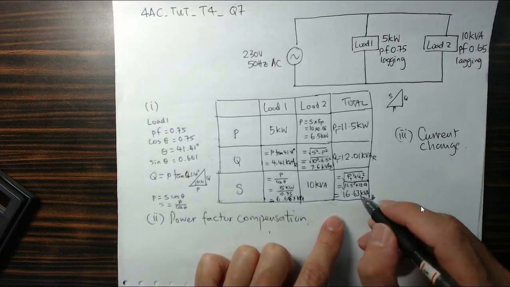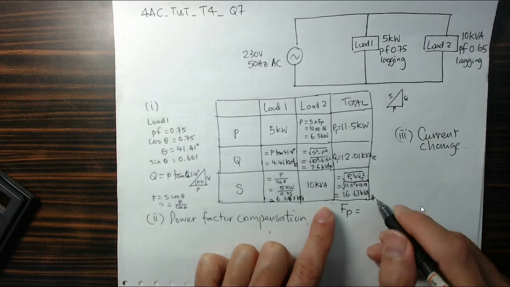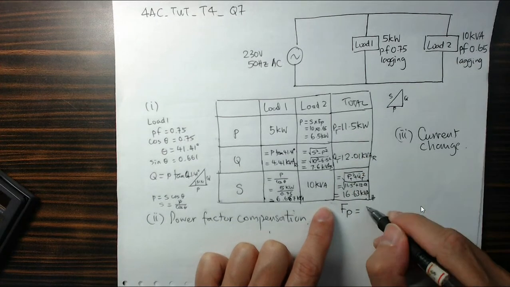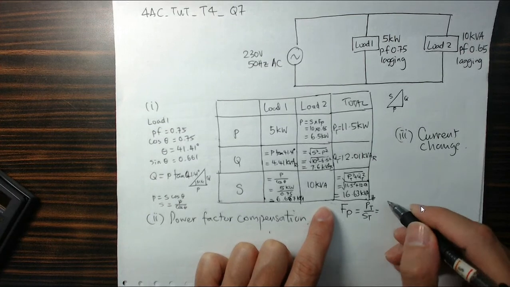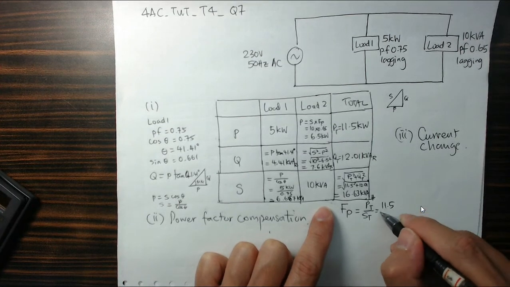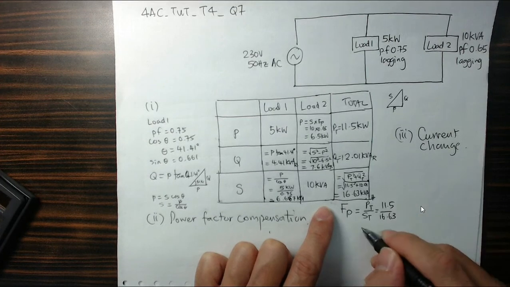Okay, and what is the overall power factor? The overall power factor can be given as PT over ST. So PT is 11.5, ST is 16.63.